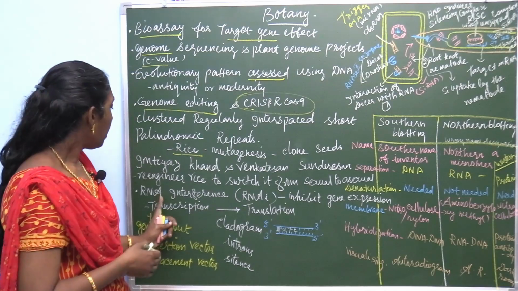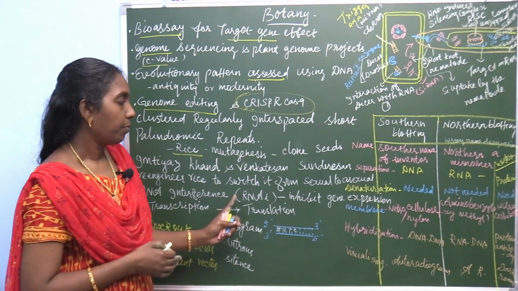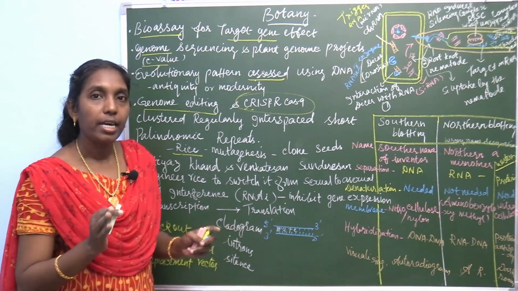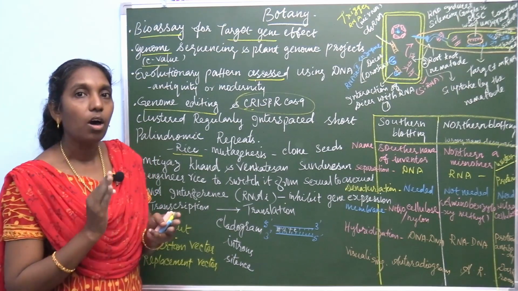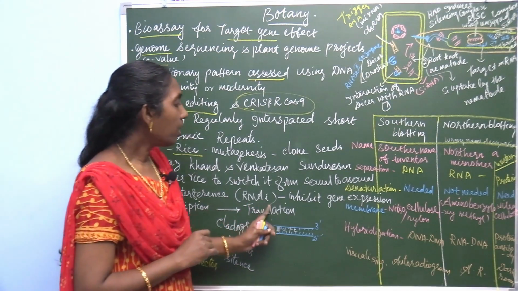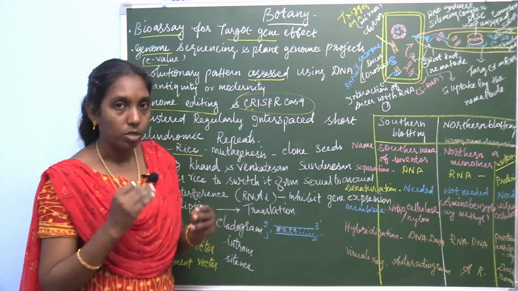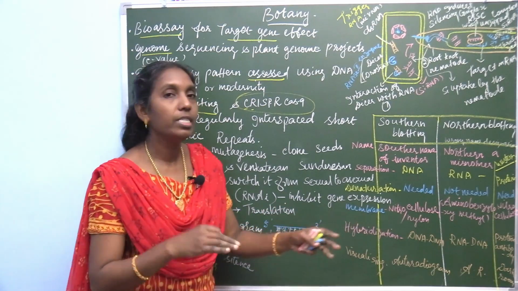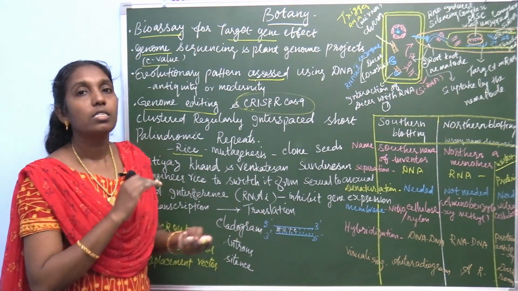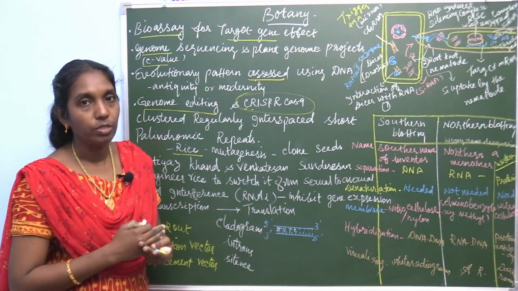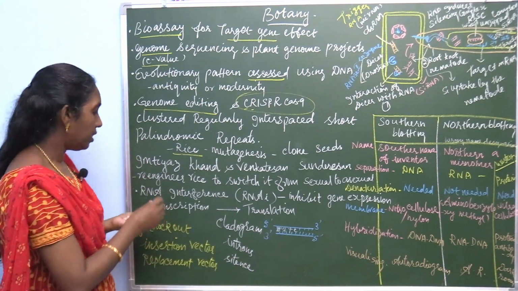Here, RNA interference, that is RNAi. In short, we call it RNAi. RNAi is the process that inhibits gene expression. What is the meaning of RNA interference?